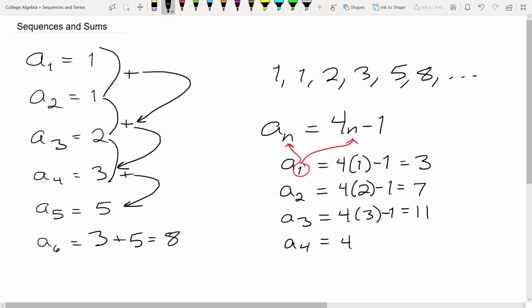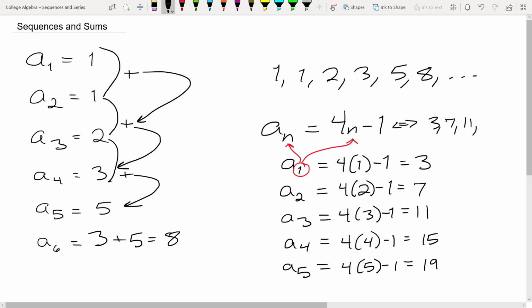a_4 gives us 15. And a_5 will give us 19. And so now we can rewrite this as a list. So this is the same thing as the list of 3, 7, 11, 15, 19, and it can go on indefinitely.